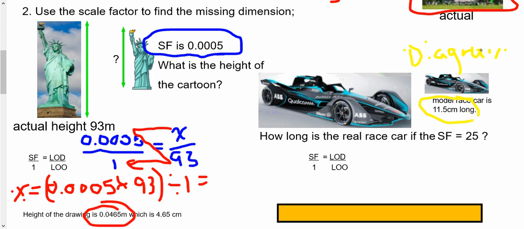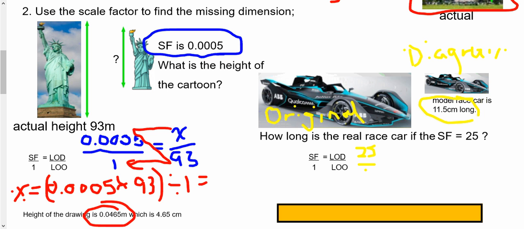So this is the real, the original. The question says, how long is the real race car if the scale factor is 25? Well, you're probably already thinking, if it's 25 times bigger. Yes, it is. So let's do that.